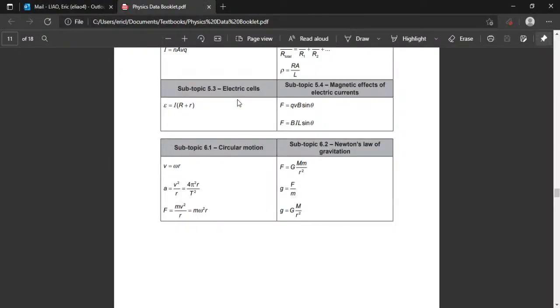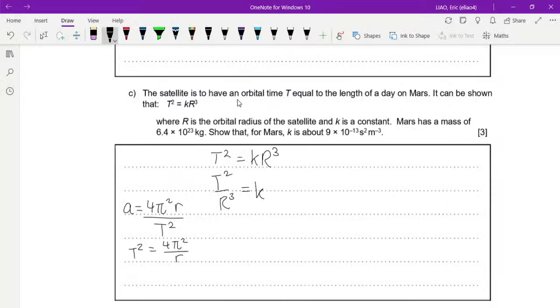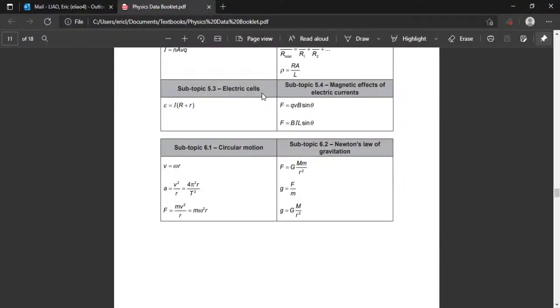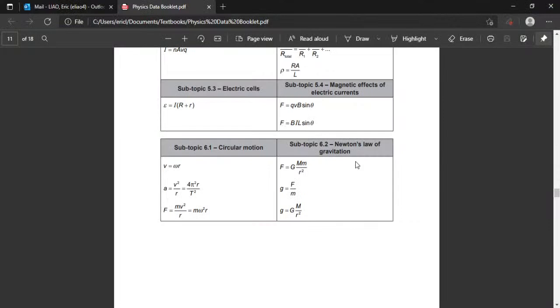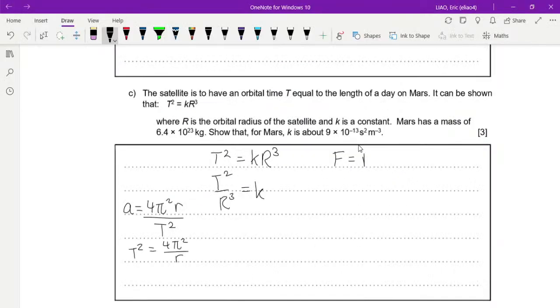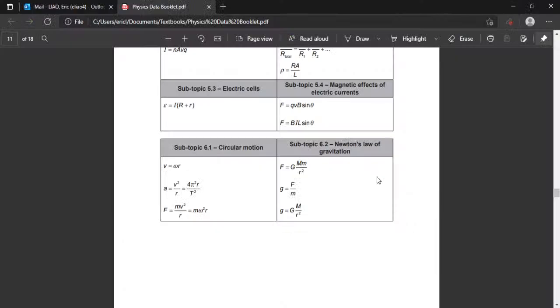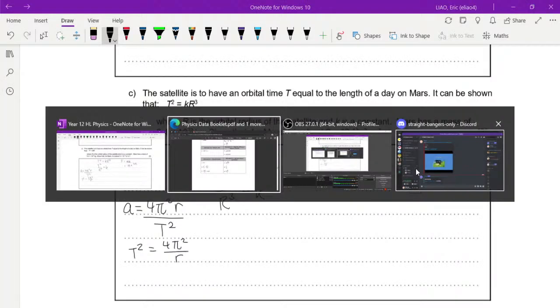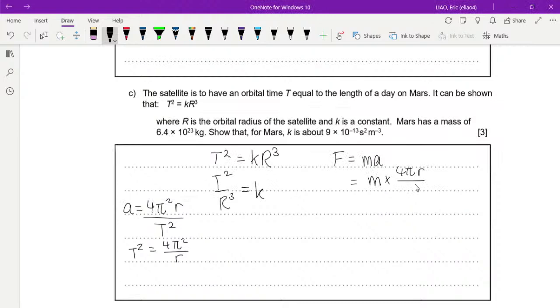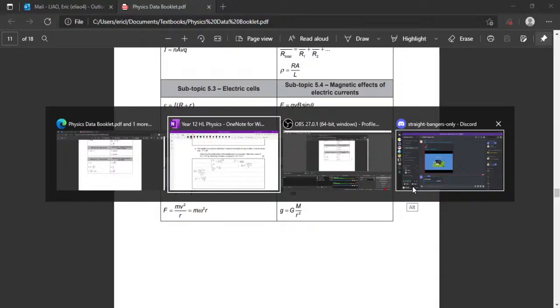Yeah, we're gonna need mass, so let's do a force, so we get, because ma, which equals m times a, for pi r over t squared.